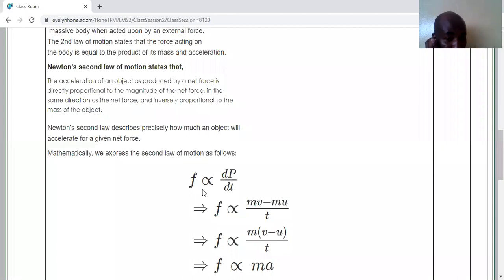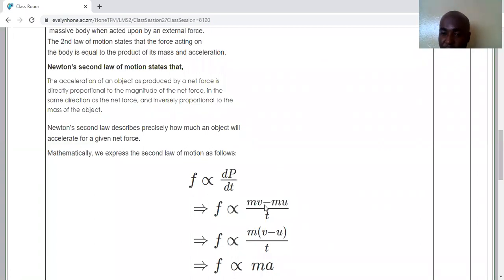Momentum is the product of mass and velocity. But now we're talking about the rate of change in momentum. In fact, guys, we'll look at it. The change in momentum is called impulse. So if the momentum changes, it means only the velocity changes, because the mass of a body is always intact.